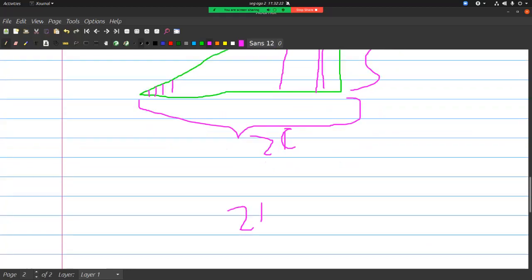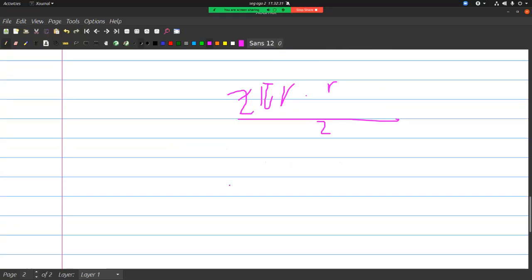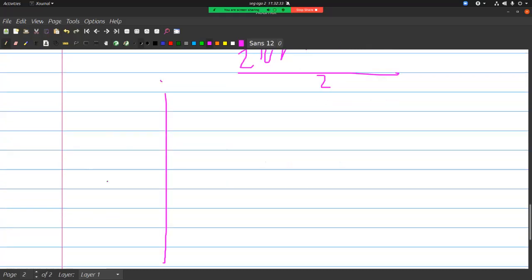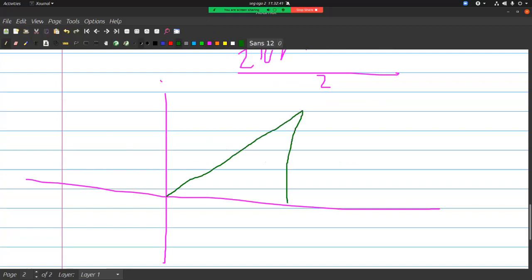So it's 2 pi r times r over 2, pi r squared. Or we can put this on the x-axis, for example, and we have something like this, and we know this is r.